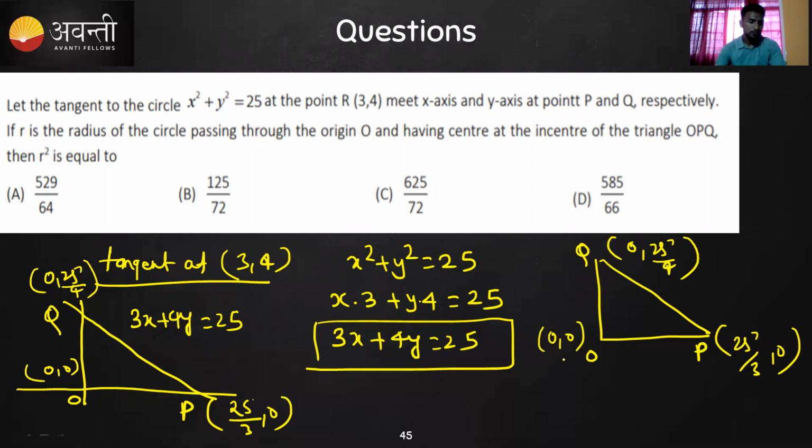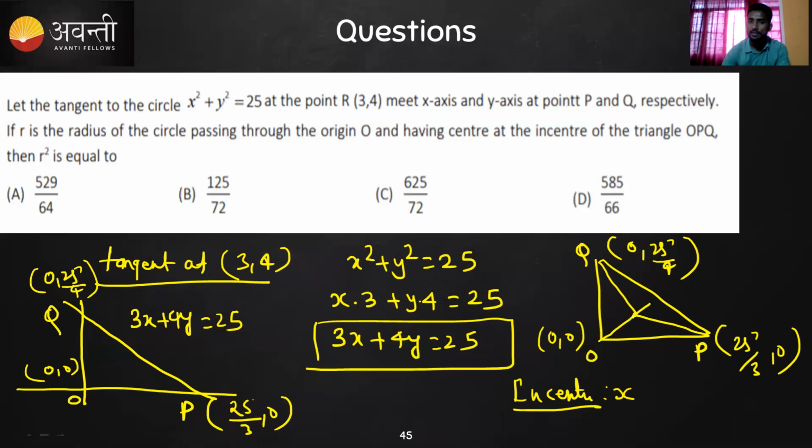Okay. So now we have to find the incenter, because we have to find the center of the circle, and it is basically nothing but the incenter of the triangle. I think everyone knows how to find the incenter. The incenter is the meeting point of the angle bisectors.